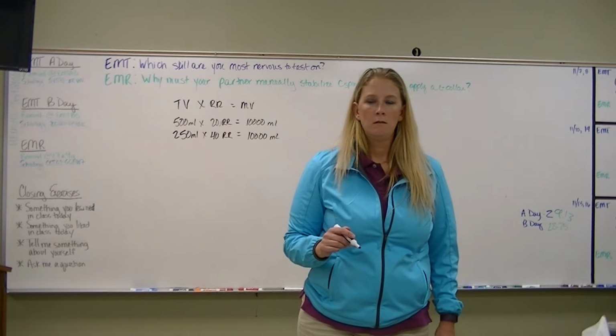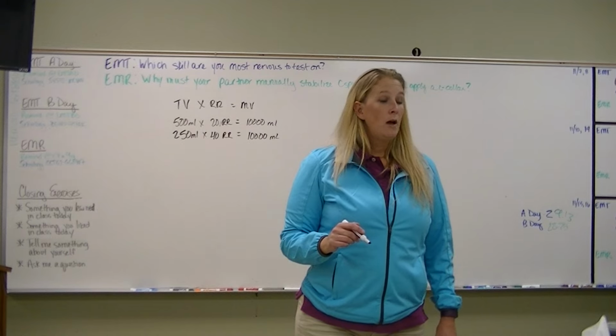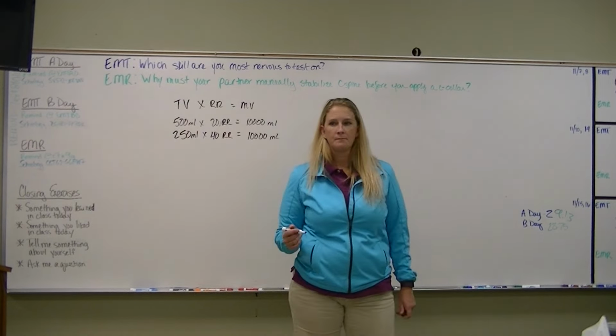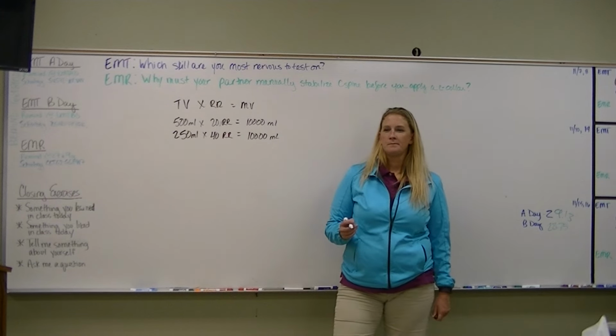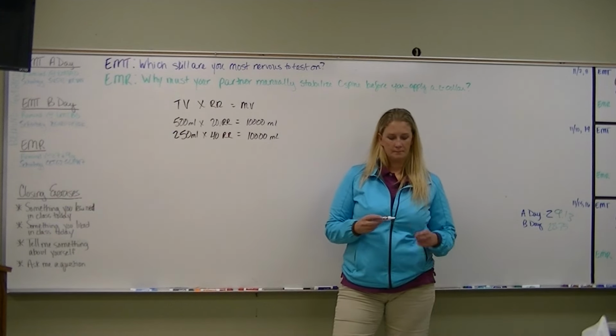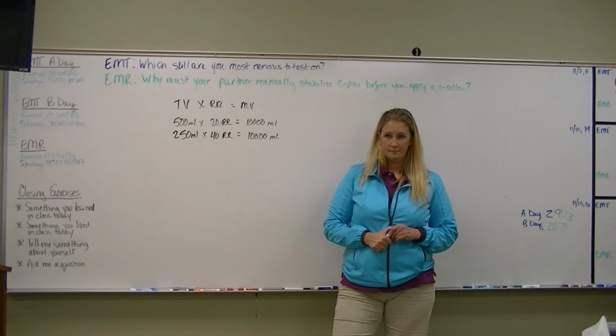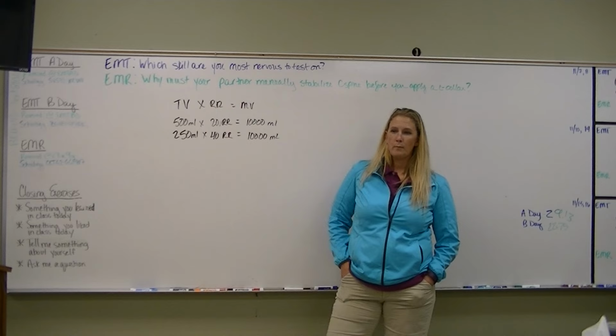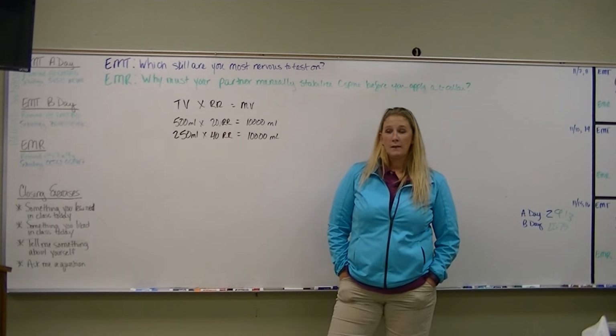Why not? Because you're breathing too fast. I'm breathing too fast, but why does that mean I'm not breathing adequately? There's no time for diffusion to occur, probably. That's part of it.